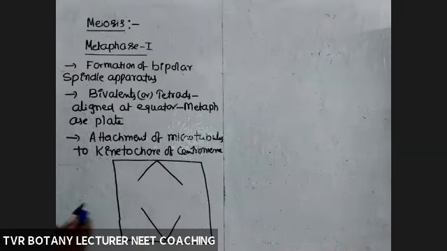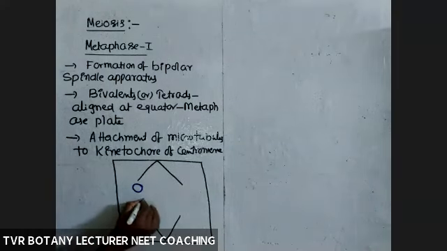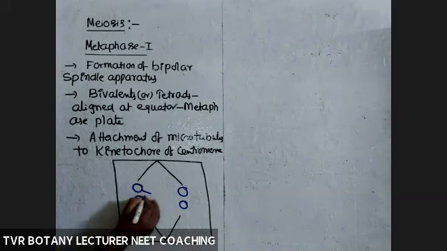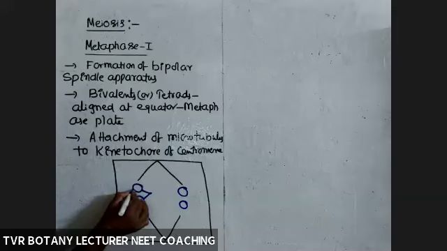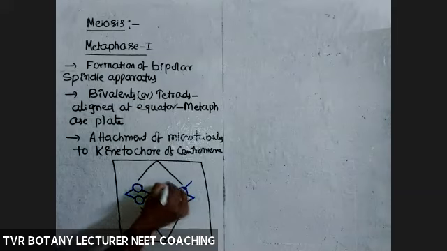Okay. Now, alignment of chromosomes at the equator. Centromere. Physically in contact with each other at ends only. Here also ends only. Here also ends. Remaining free.